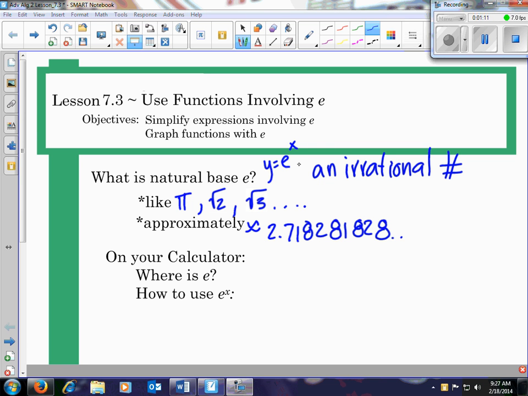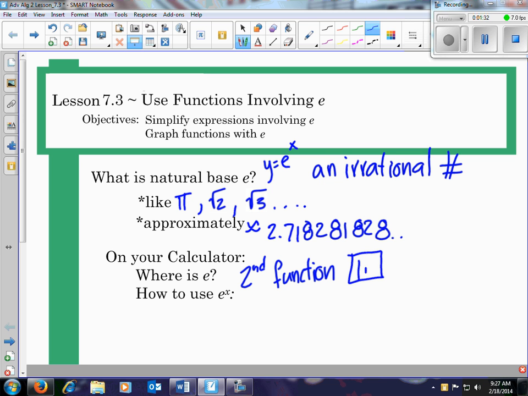Now, if you're using the little yellow calculators, or a calculator that looks just like the little yellow calculators that we have in class, e is located where you hit the second function, and then you hit the key that has ln on it.